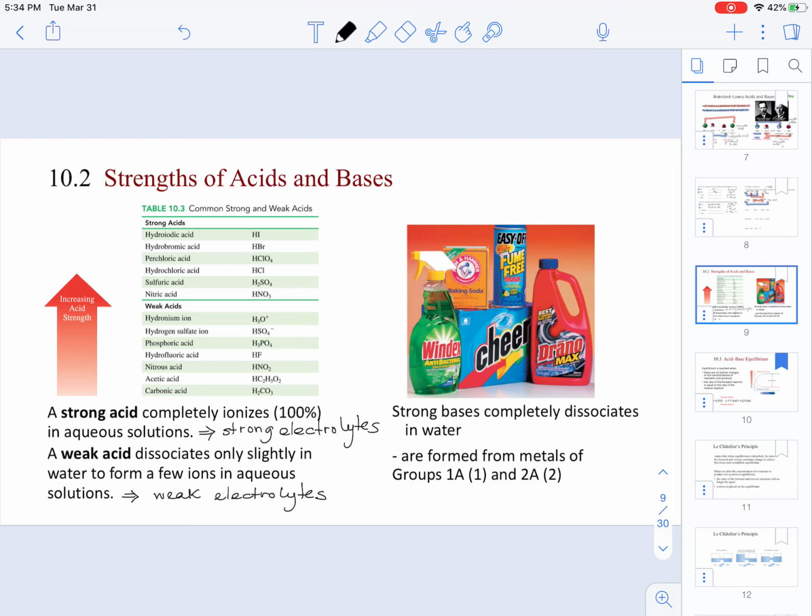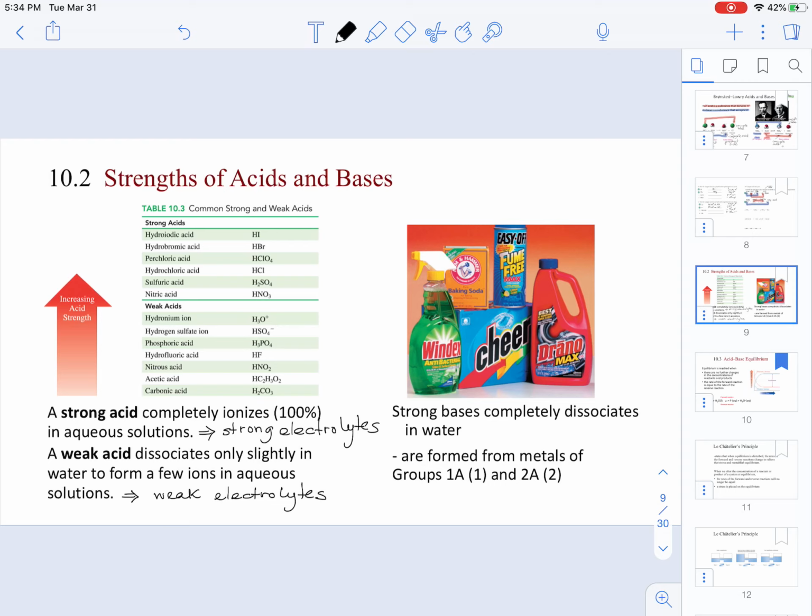In order to know what makes something a strong acid versus a weak acid, it is better that we just know what the 6 strong acids are, and anything that is not in that 6 strong acid list is considered a weak acid.